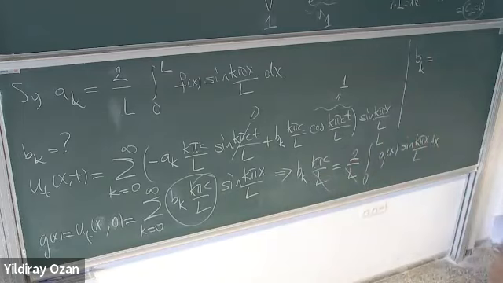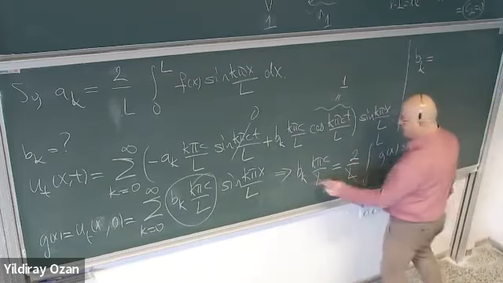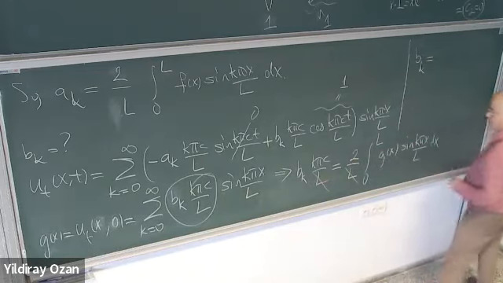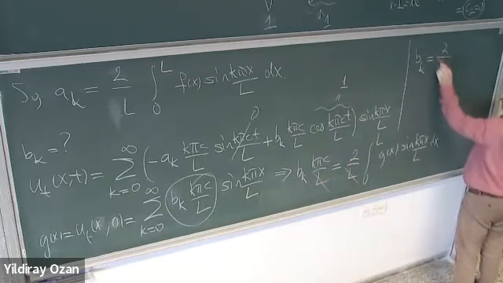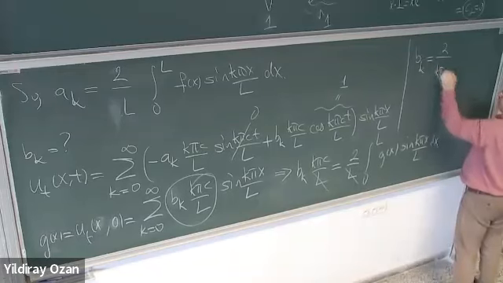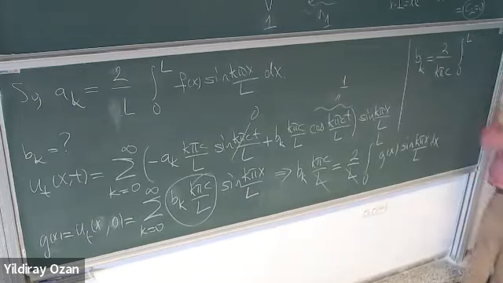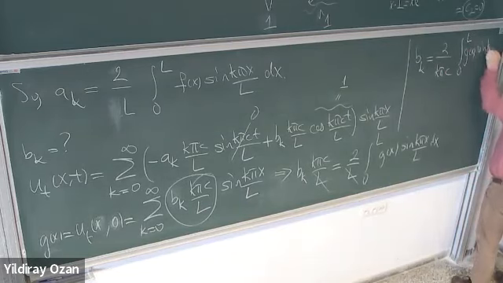It's interesting. So in b k, there is no L. Well, there is L, of course, because L is here, but nevertheless, it is just 2 over k pi c, and then the integral from 0 to L of g x sine k pi x over L dx.